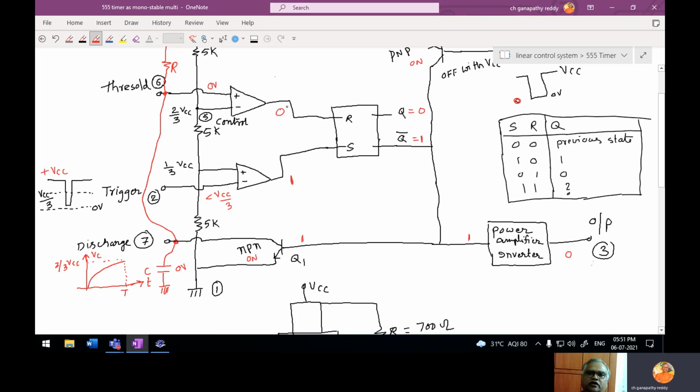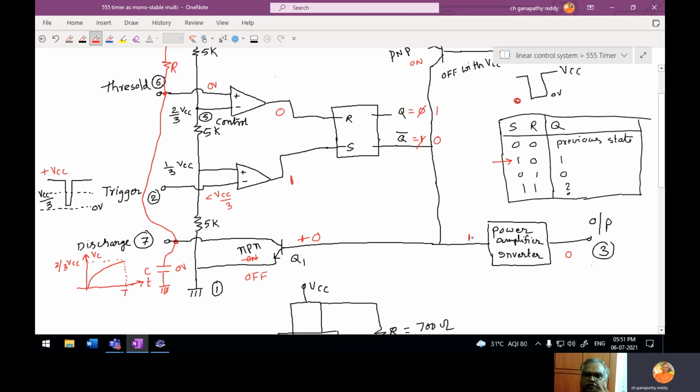So set is 1, R is 0. If it is 1, 0, what is Q? Q becomes 1. So Q changes to 1, and Q bar will be changed to 0. When this 0 is coming here, this will be 0. When 0 is applied, the transistor will go into off state.